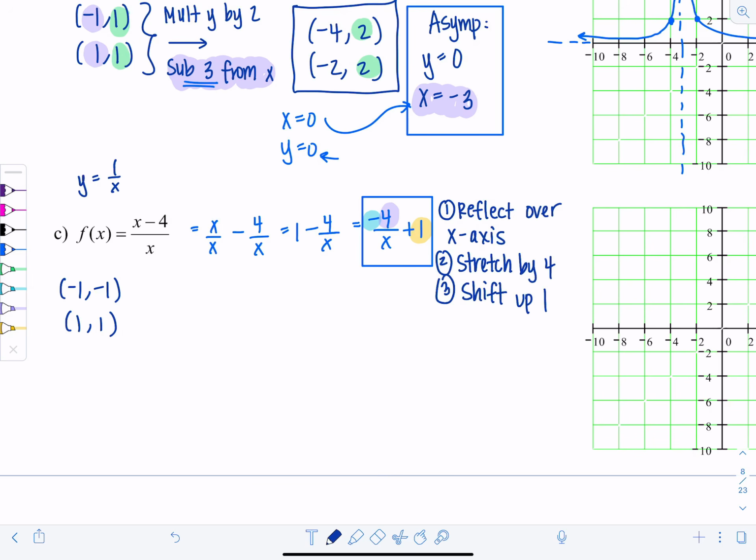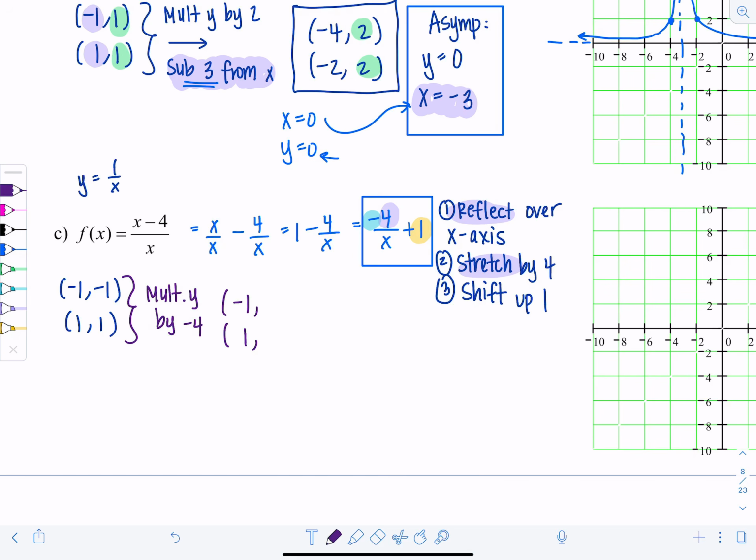Okay. All right. So here we go. I can knock out the reflection and the stretching at the same time, right? If I just multiply the y coordinate by -4. So let's do it. So efficient of us. So x stays -1 and 1.